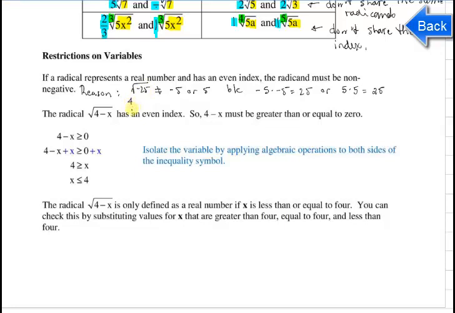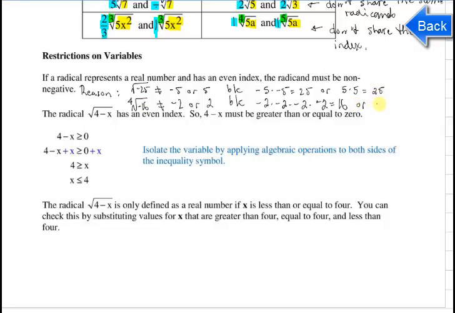Even if I have another index which is something other than a 2, but still an even number, so let's say 4. So let's take a look at the fourth root of negative 16. The answer cannot be negative 2 or positive 2. And why? Because if I go negative 2 times negative 2 times negative 2 times negative 2, that gives me positive 16, which is not negative 16.